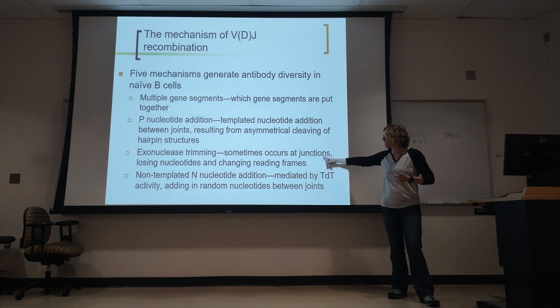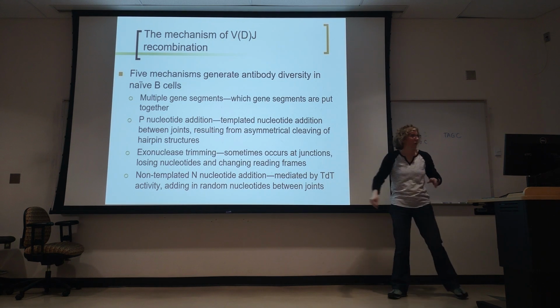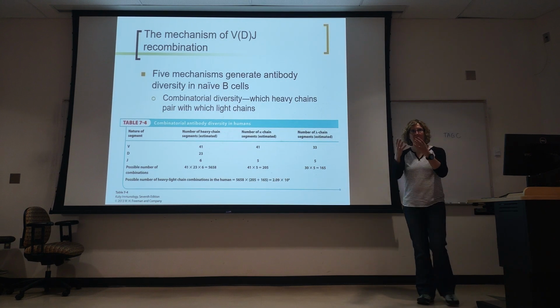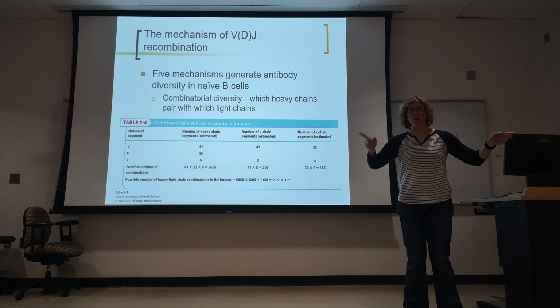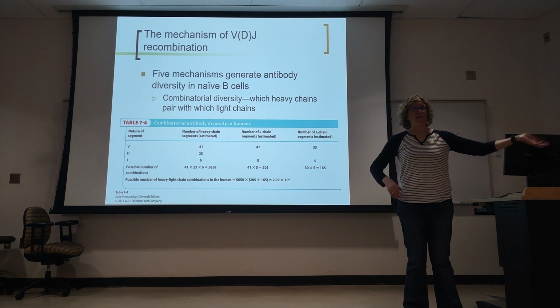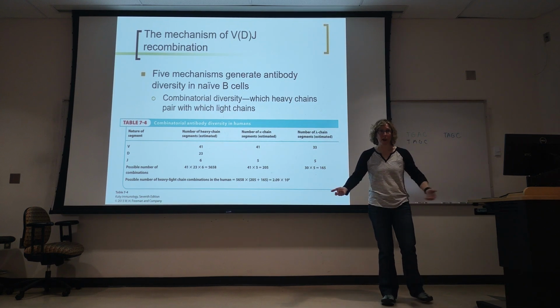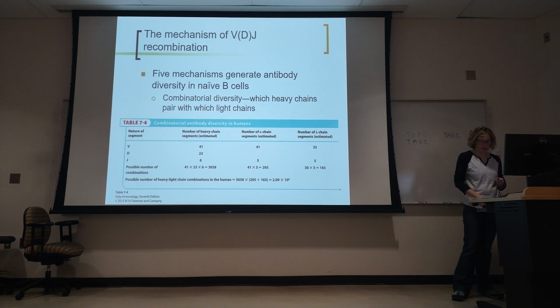So these are more random, these are a little less random, but could still be weird. And then combining: random heavy chains, random light chains, and I can mix and match. I can have a heavy with kappa, I can have a heavy with lambda. So I'm making all these different versions and they're being made at any given time inside our cells.